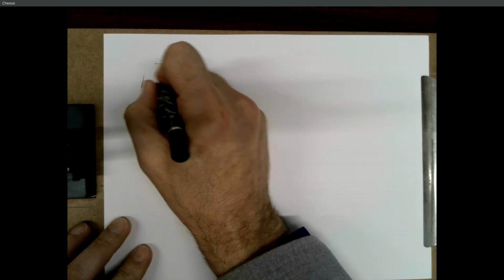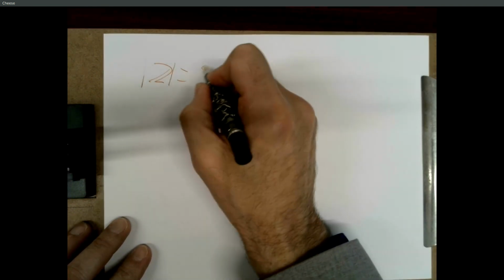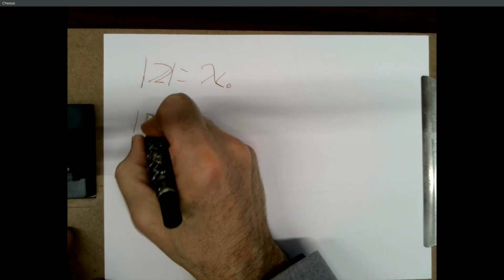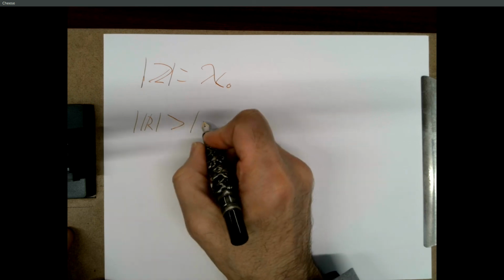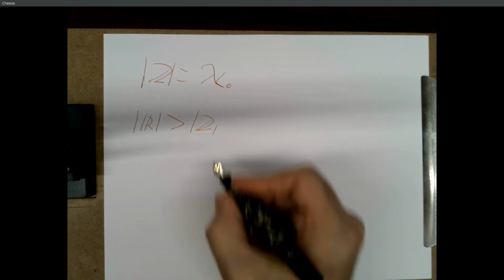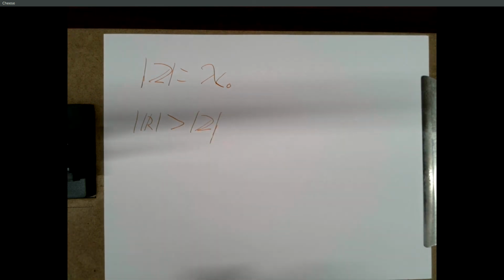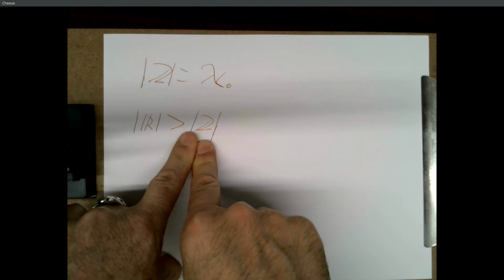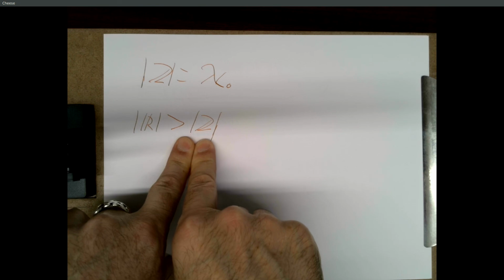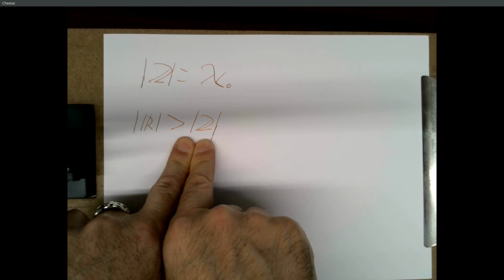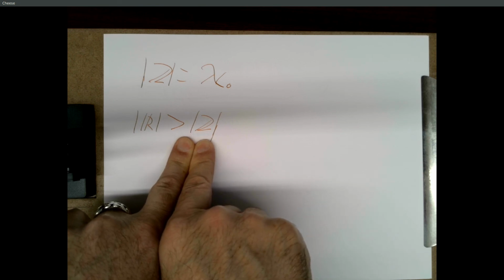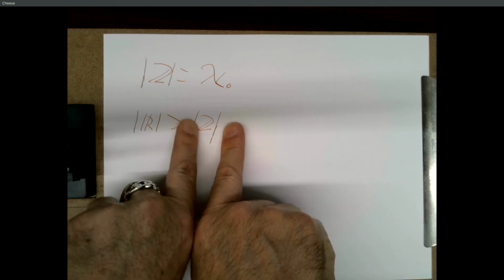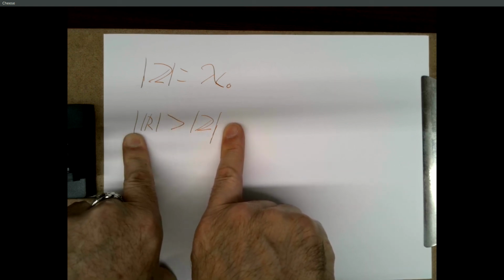So the cardinality of the integers is what we call aleph naught. And we know the cardinality of the reals is bigger than the cardinality of the integers. But trying to get from here to something bigger was a little hard. Adding an element, adding 2 elements, adding the same infinite set of elements in rational numbers, we still got stuck here. But when we went to reals, suddenly we jumped up to something bigger.